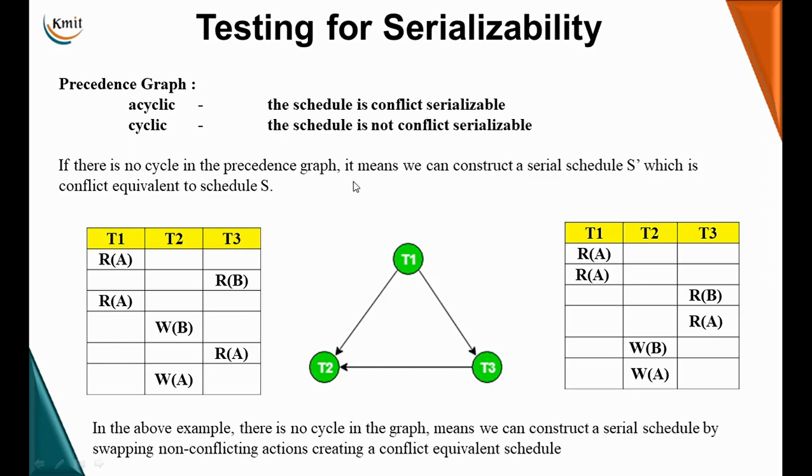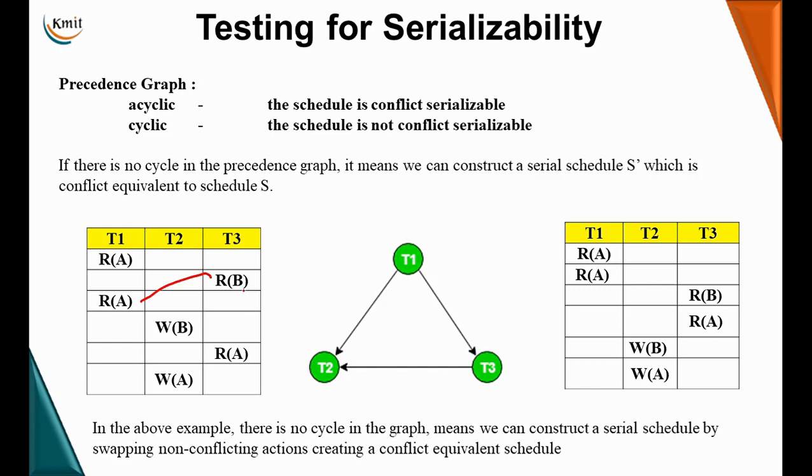If there is no cycle in the precedence graph, it means we can construct a serial schedule S' which is conflict equivalent to the schedule S. Now, when I say non-conflicting actions, look at this. Read on A and read on B are on two different objects.